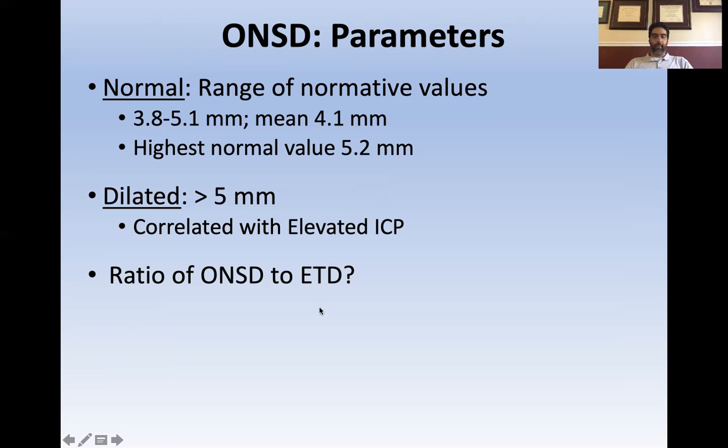So there are a couple of studies which have looked at what's called your ratio of the optic nerve sheath diameter to the external transverse diameter of the eyeball. So basically what you do is you ratio the optic nerve sheath diameter to the external transverse diameter. And I believe the ratio is somewhere like 0.4, if it's greater than 0.4 to 1, optic nerve sheath diameter to external transverse diameter of the eyeball, then you are concerned about intracranial hypertension.